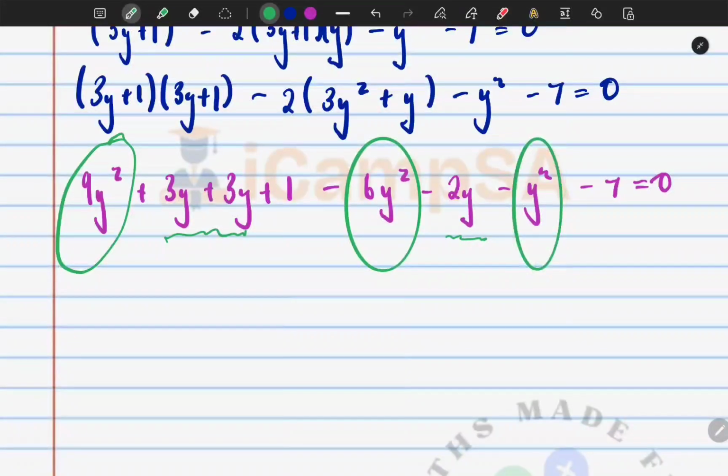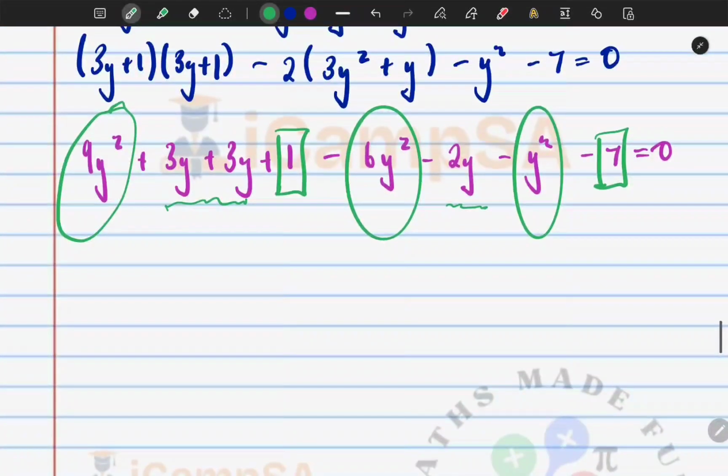This one is also a like term, and these ones are like terms, and then the other like term, which I'm going to write in a box, right? So 9 minus 6 is going to be 3, right? Minus 1, it's going to be 2, right? So 9 minus 6 is going to be 3, minus 1 is 2.